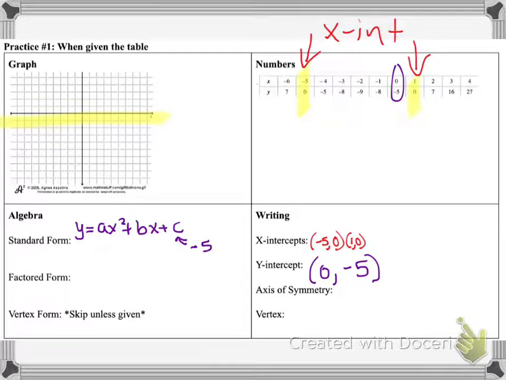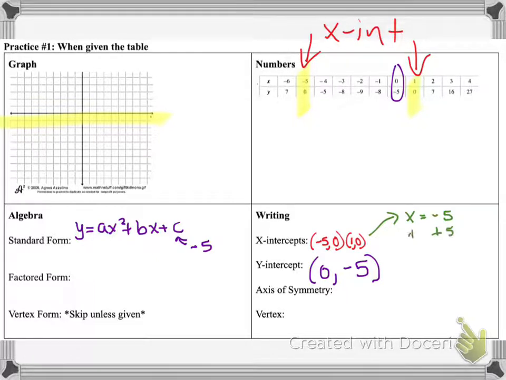If my x-intercepts are -5, 0 and 1, 0, my factors, when set equal to 0, are going to have to equal -5 and 1. So if I think about my factored form, if my x is -5, can I set that equal to 0, doing my zero product property backwards?